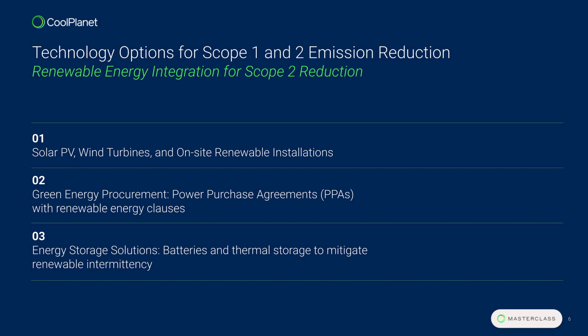So using technologies such as batteries as a storage mechanism, or heat as a storage mechanism, heating up materials to a certain extent and utilizing that heat later on, could be a great storage solution as well to reduce Scope 1 emissions.